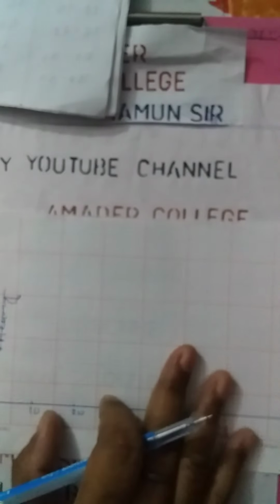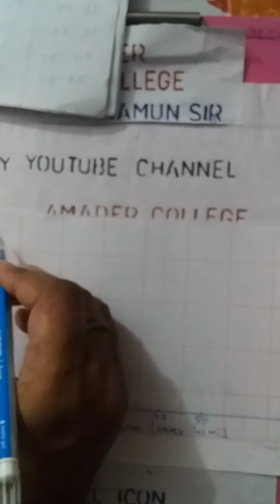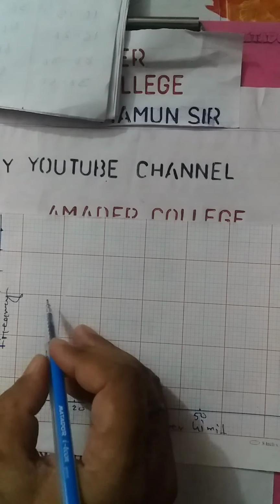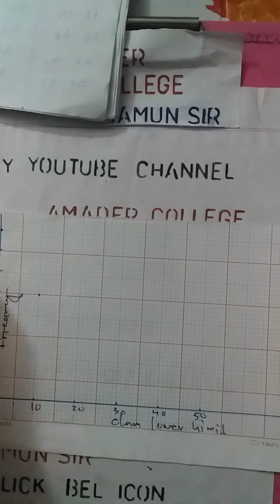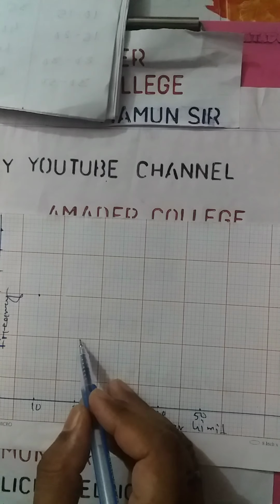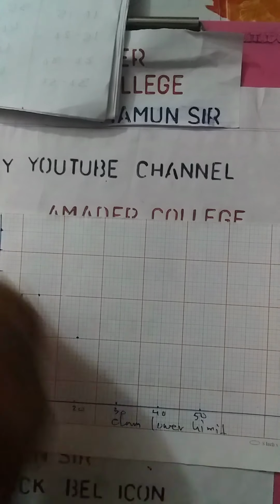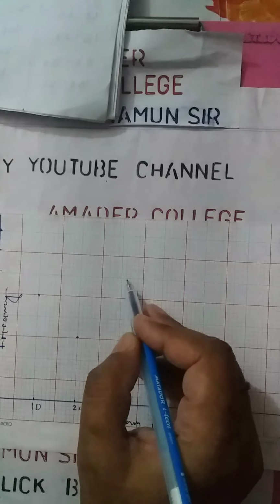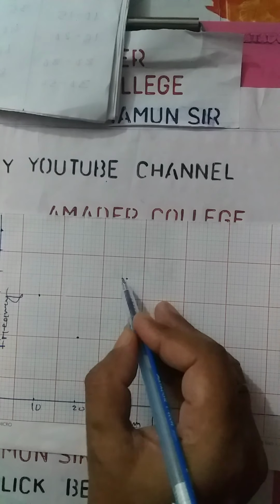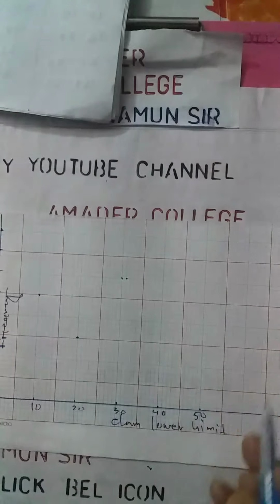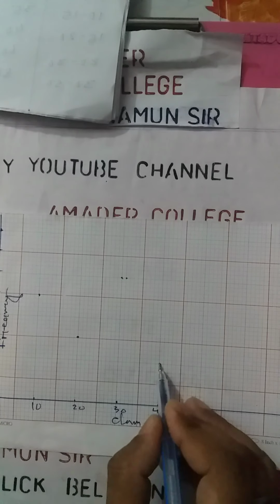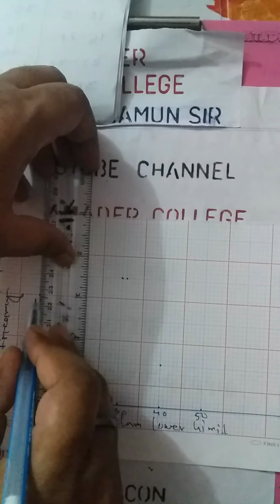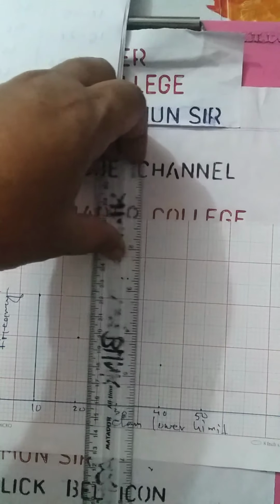Then the point 10, 5 indicates a point, 20, 3 indicates a point, 30, 6 indicates a point, and 40, 2 indicates a point. Now draw the straight line. This is the shortcut way of drawing a histogram.